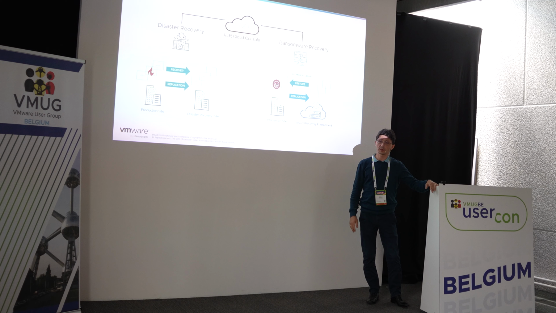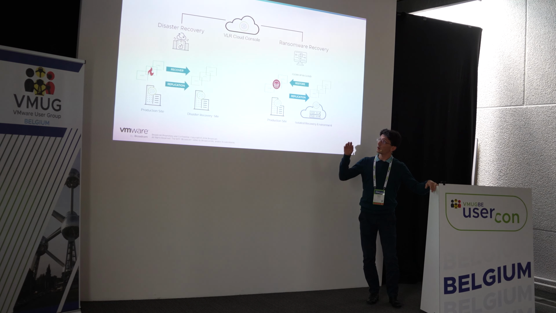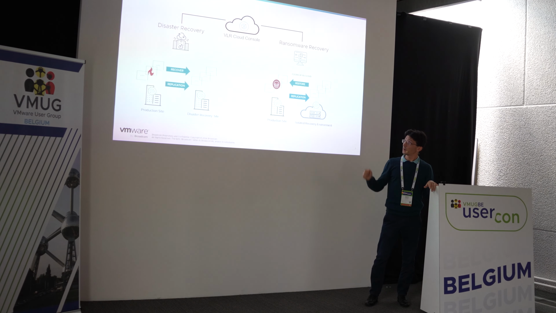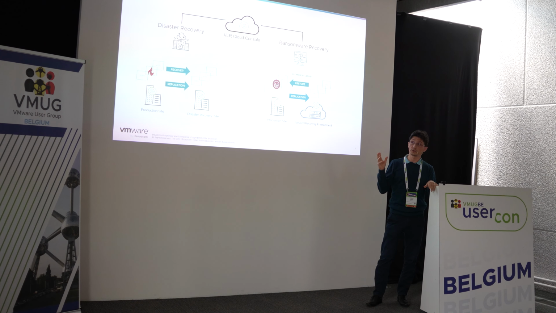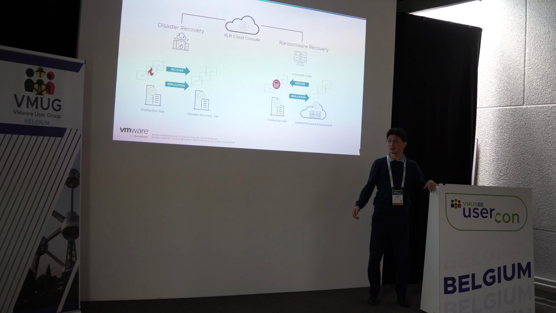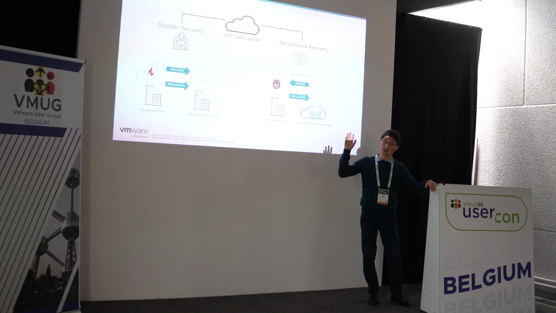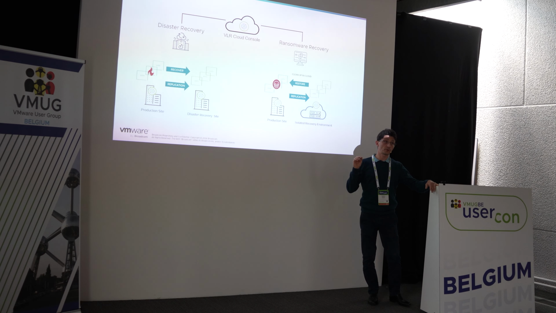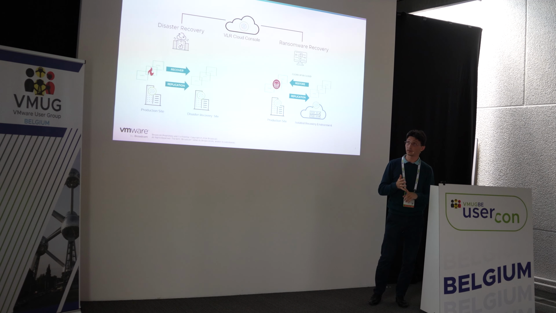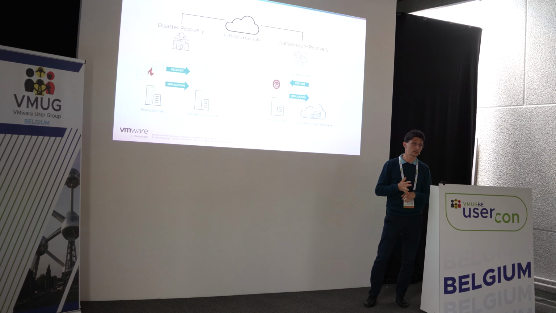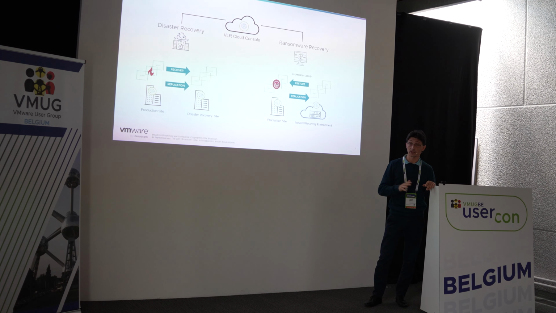So in the connected scenario, on the left-hand side, you have your on-prem site. There is an agent running together with each SRM deployment, which establishes the connection to the cloud and is responsible only for communication to the cloud, so sending health and sending usage, and that's all. It doesn't do anything else.